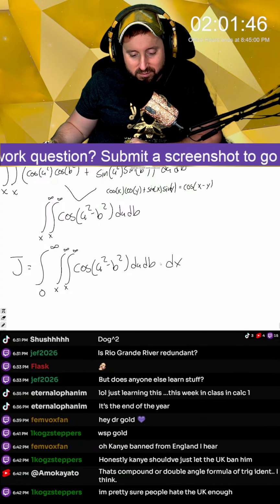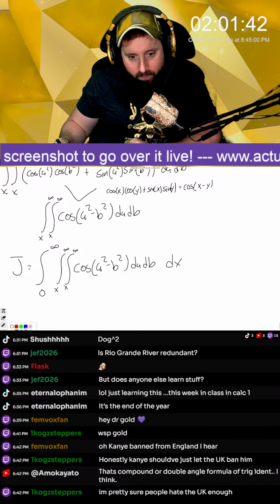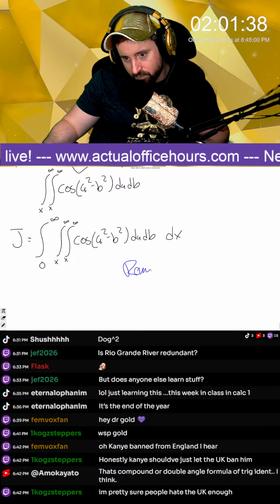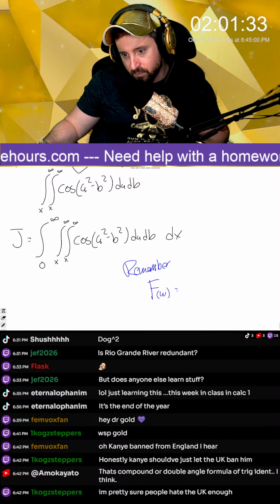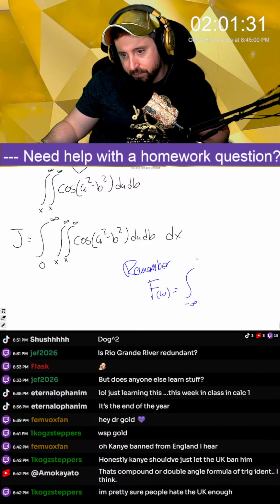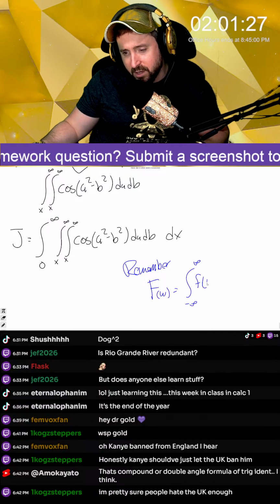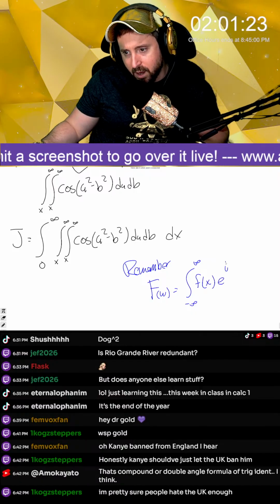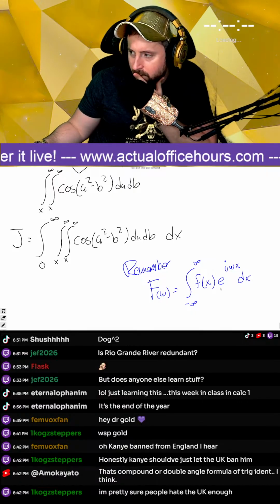So first, just recognize the general formula of our Fourier transform: F of omega equals the integral, sorry, from negative infinity to infinity, of f of x e to the negative i omega x dx. It doesn't really matter whether you say f of t or f of x. This is a Fourier transform, right? Yep.